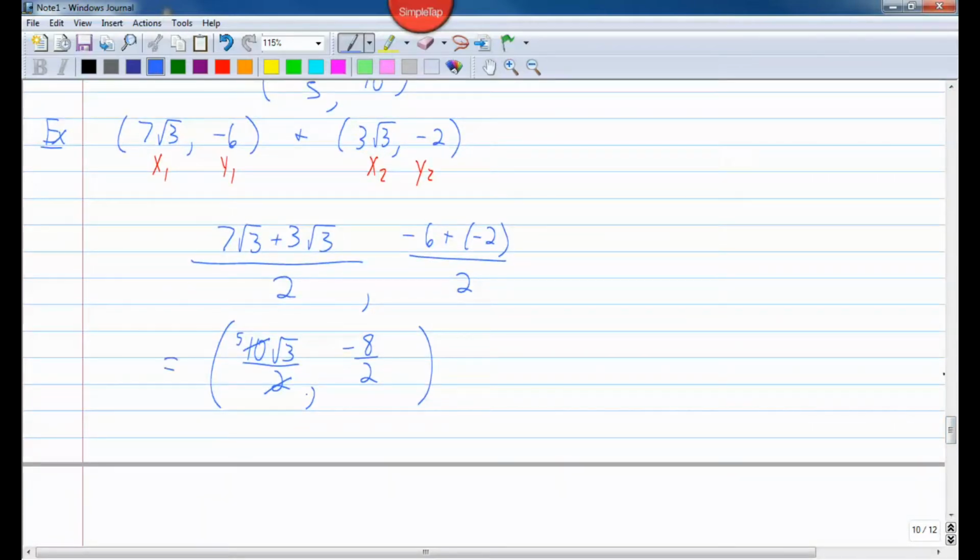So my final answer is going to be, my midpoint is 5 square roots of 3 and negative 4. It's a little tougher, but it's the same concept. Midpoint, finding the point between 2 points.